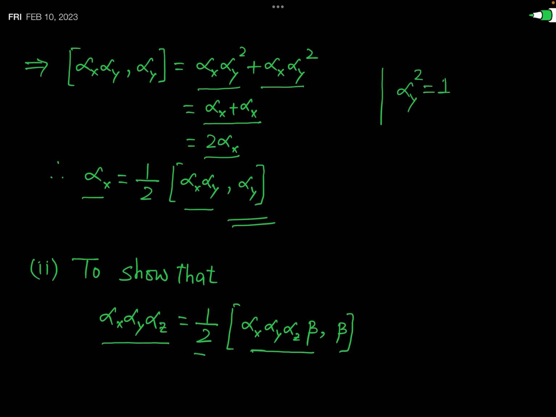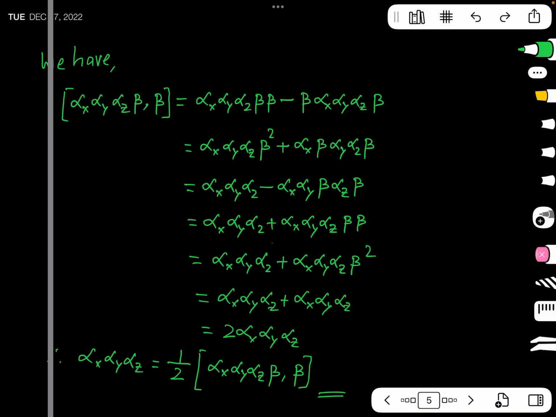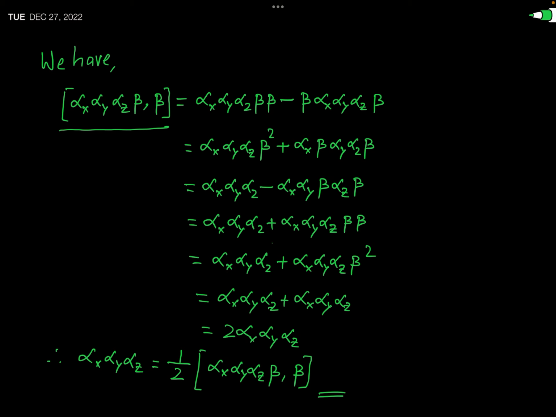Again we will start to evaluate this commutator, and on the basis of the above problem we can solve this problem too. So let us start to find this commutator.